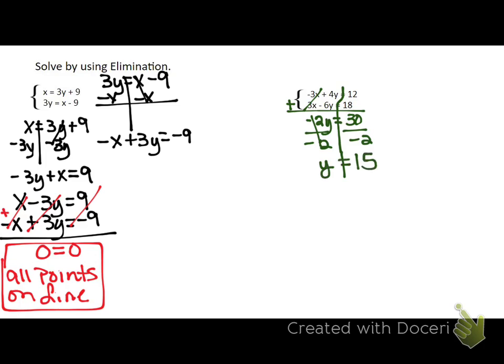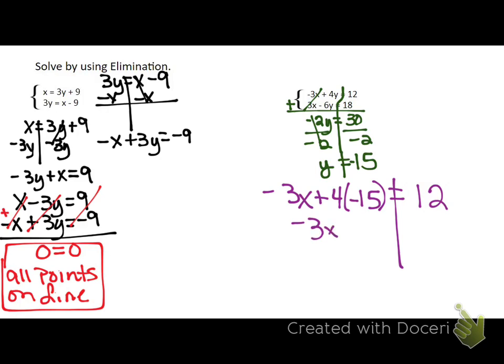Can I do the second part? Yep, Josh. I took the top one and I switched out the y with a negative 15. Then I multiplied it all out, so I put negative 3x minus 60 equals 17.